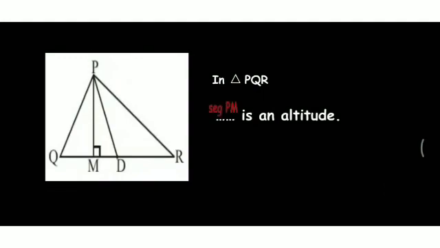It will be segment PM, because what is an altitude? An altitude is a perpendicular segment drawn from the vertex to its opposite side QR. Here it is perpendicular and the sign of perpendicular is given, showing that segment PM is perpendicular. So this will be the altitude of this triangle.